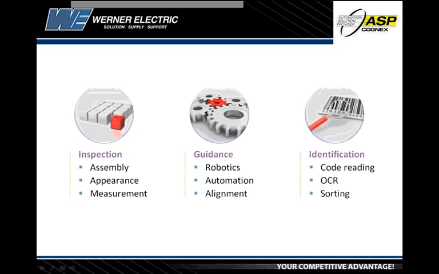Measurement is a very common use for machine vision, and it can save a lot of money because if we are able to trend the measurements in a process right behind where the process is performed, then if we start to see a measurement trending towards getting out of tolerance, you can react to that before you start to manufacture bad product.